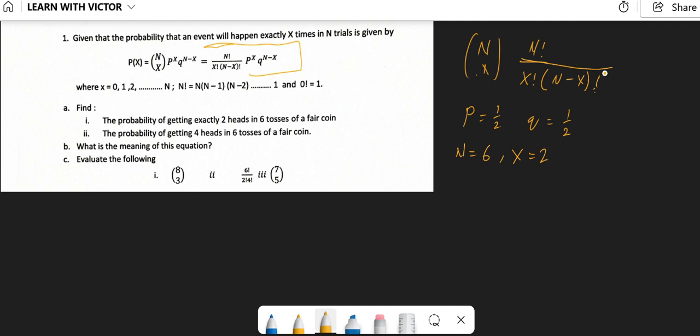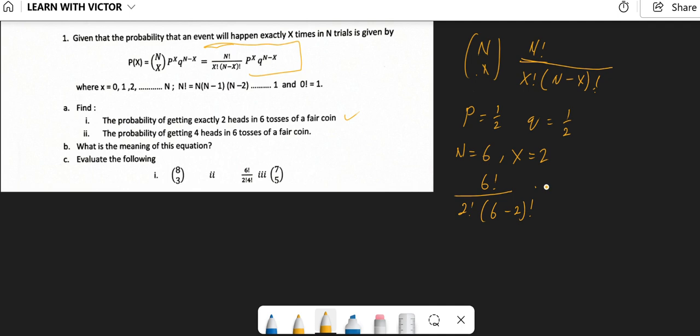Now we're going to apply this formula. We can say n factorial, n is 6 factorial, divided by x factorial, x is 2 factorial, into bracket 6 minus 2 factorial, then multiply by our value from the formula, p.